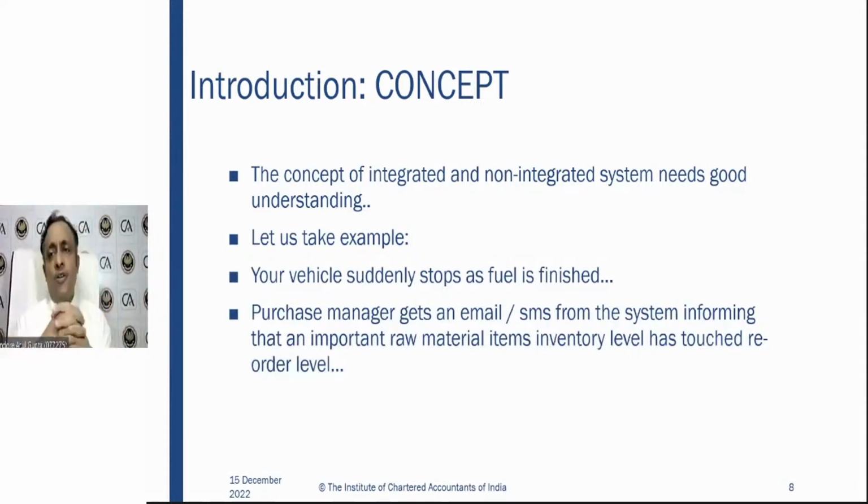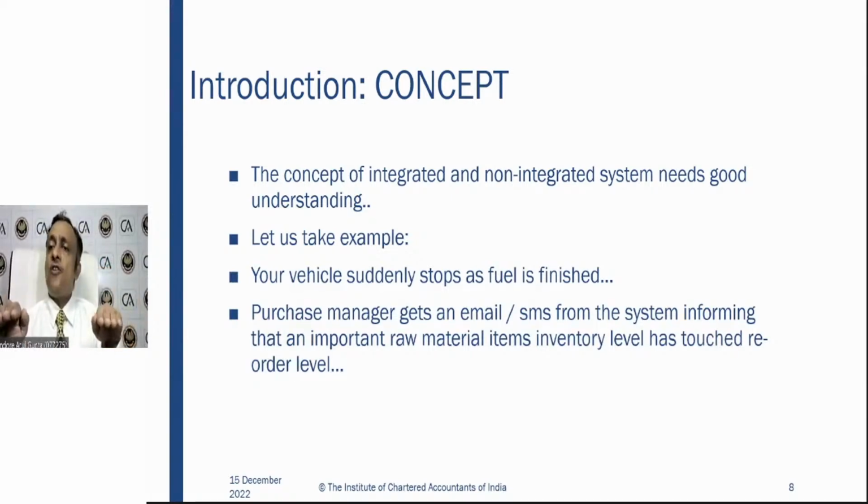You see on your screen 2 options. Your vehicle suddenly stops as fuel is finished. Purchase manager gets an email or SMS from the system informing that the inventory level of an important raw material item has touched reorder level. These are examples of two systems. You are on the road, your vehicle stops because the fuel is finished.